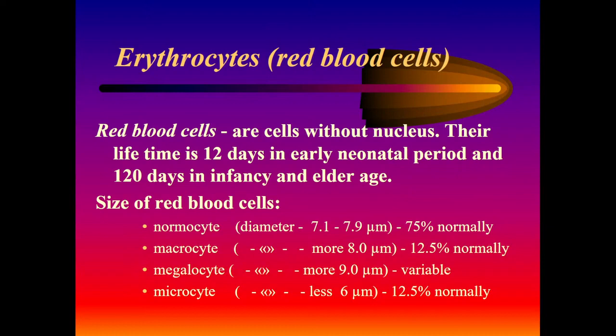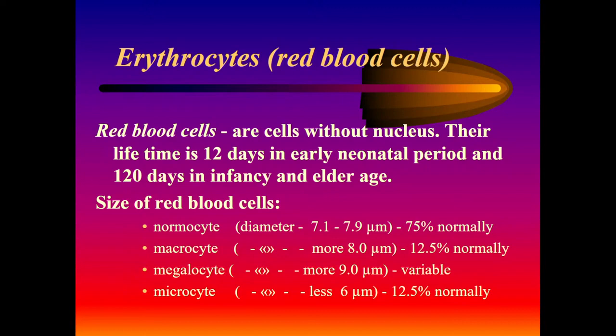Erythrocytes, red blood cells, are cells without a nucleus. Their lifetime is only 12 days in the early neonatal period and 120 days in infancy and older ages. Please pay attention to it.